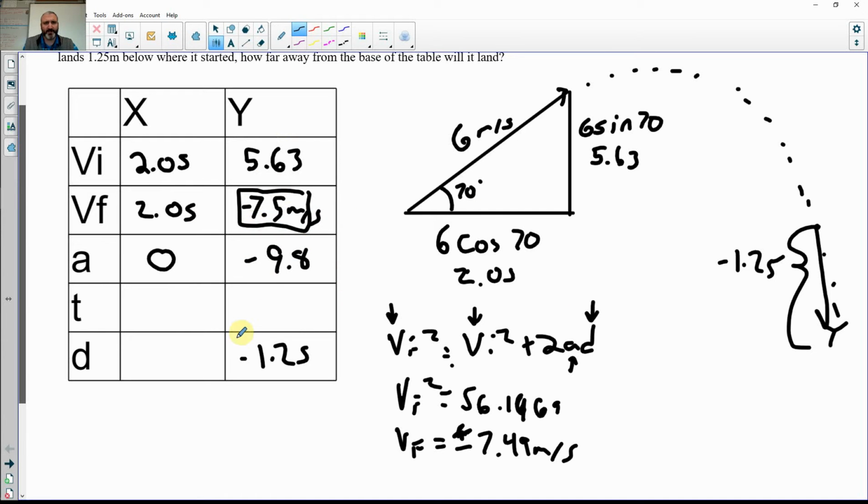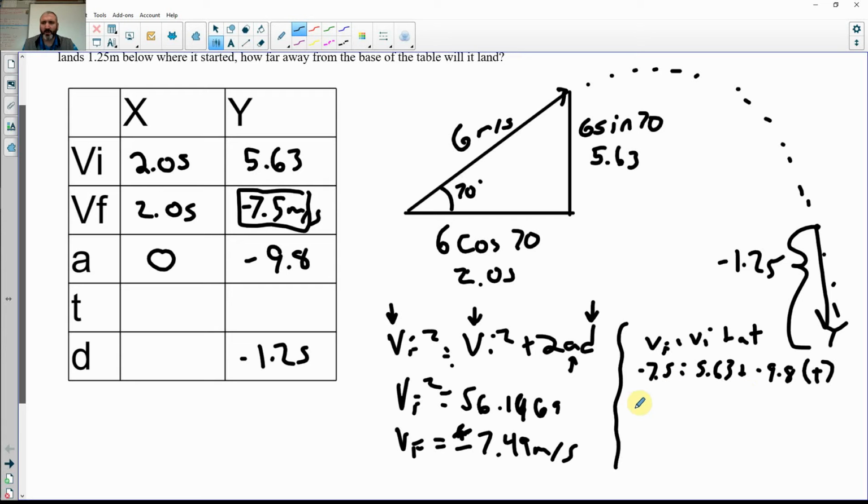And now that I've got this, I can figure out the time because I have a VI, a VF, and an A. So now I can do VF equals VI plus AT. So negative 7.5 equals 5.63 plus negative 9.8 times time, which I can figure out now. I'm going to add negative 5.63 to both sides, so negative 7.5 plus negative 5.63.